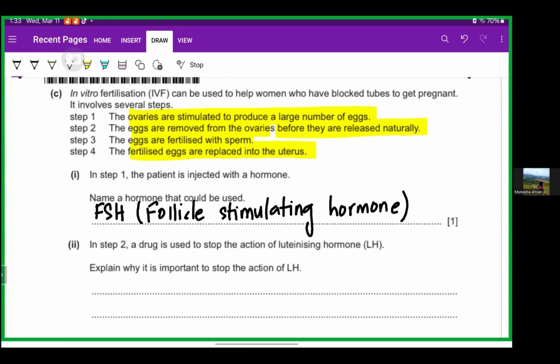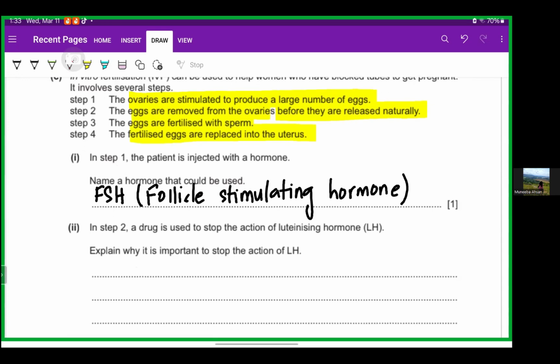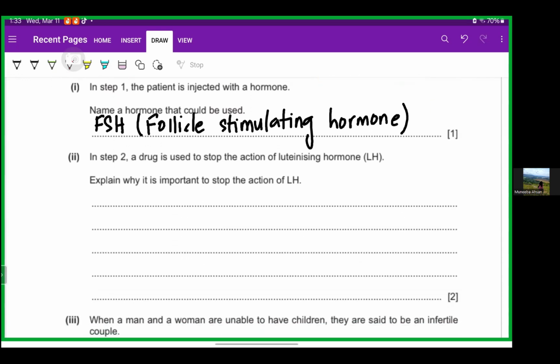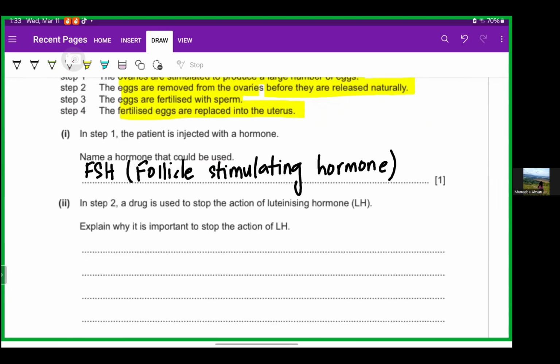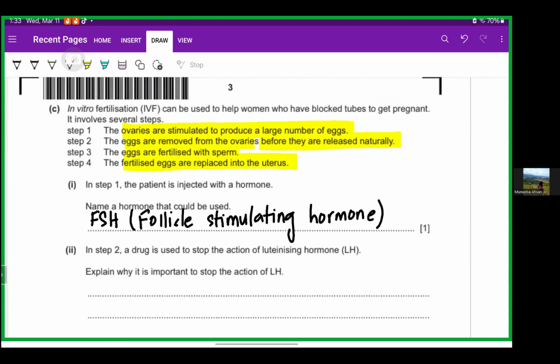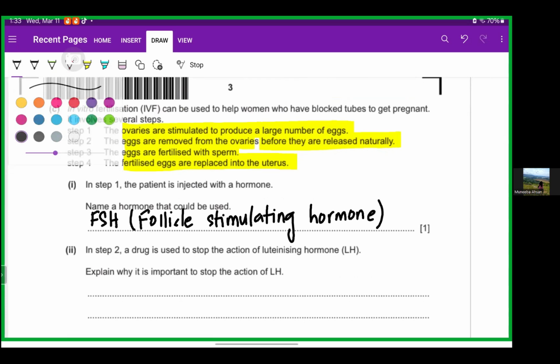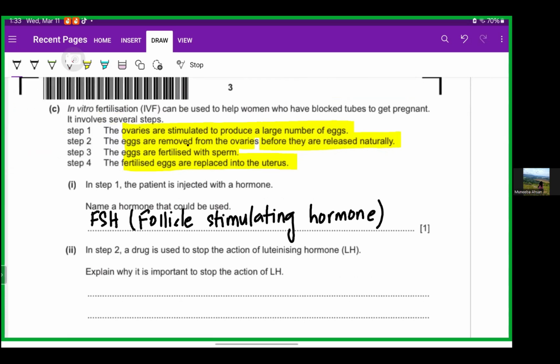Moving on to the next part, it says that in step two, a drug is used to stop the action of luteinizing hormone. Explain why it is important to stop the action of LH. Basically, in step two, the eggs are removed from the ovaries before they are released naturally.